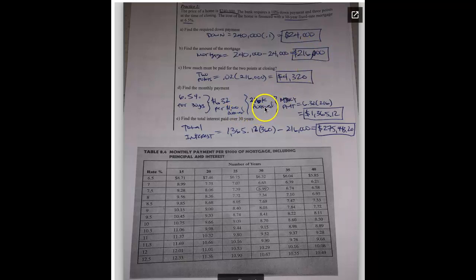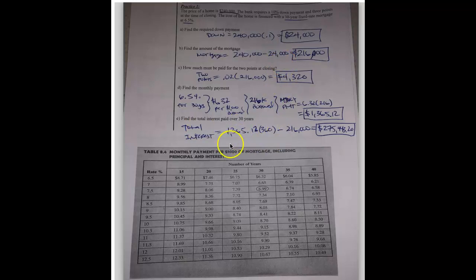That's pretty clear, 216,000 borrowed. So how much will the monthly payment be? Well, it'll be $6.32 for every 1,000 borrowed. So over here, $6.32 times the 216 gives me a payment of $1,365.12.